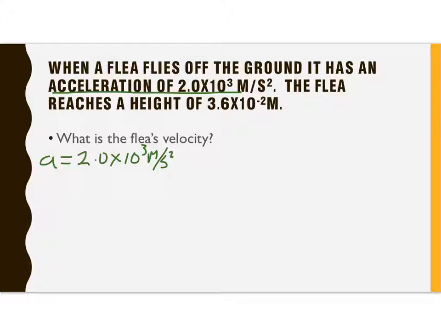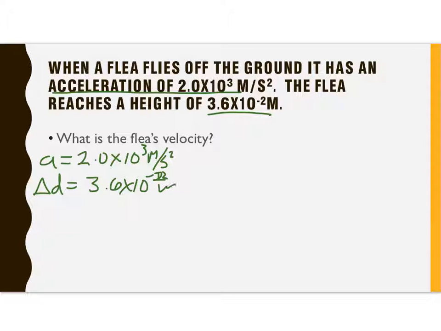The flea reaches a height of 3.6 times 10 to the minus 2 meters. Well, that's in meters, so that's a displacement, and it is 3.6 times 10 to the minus 2 meters.